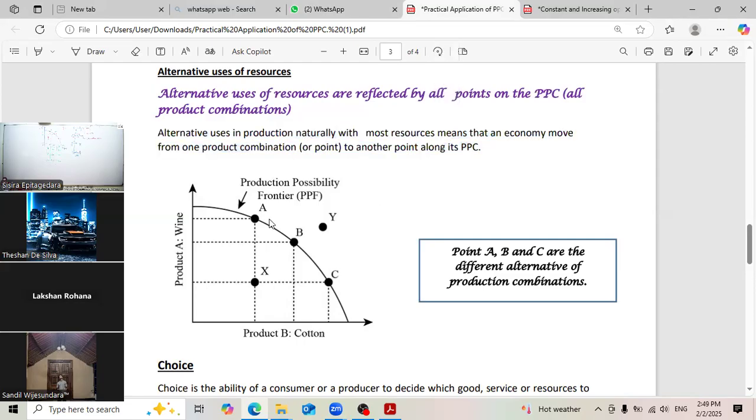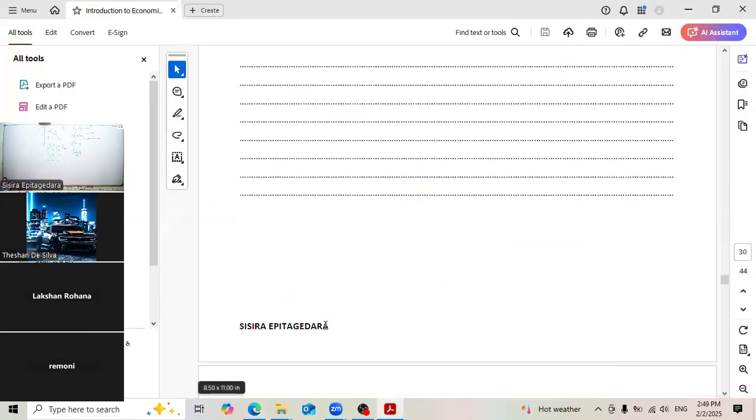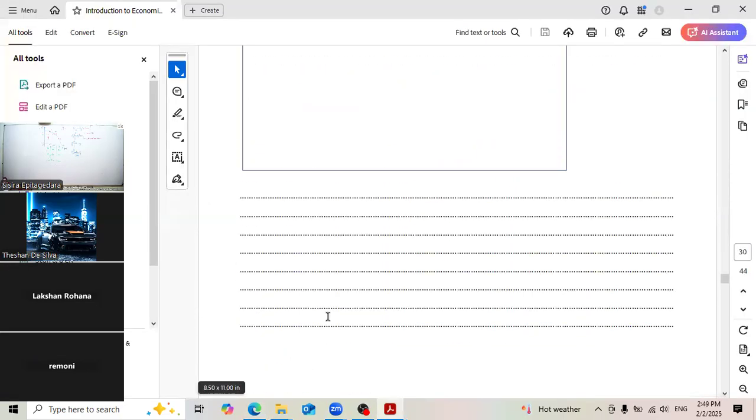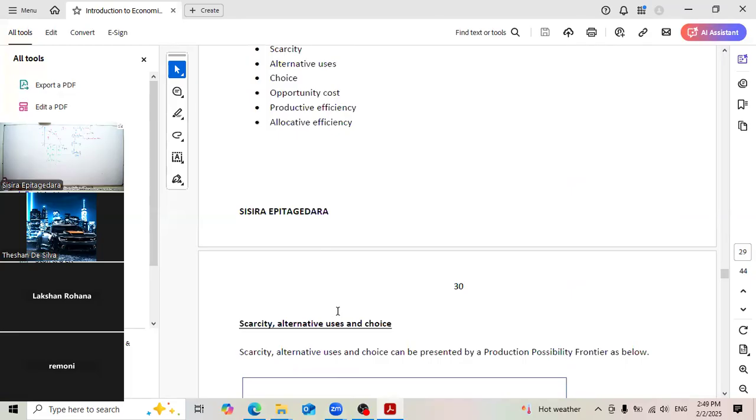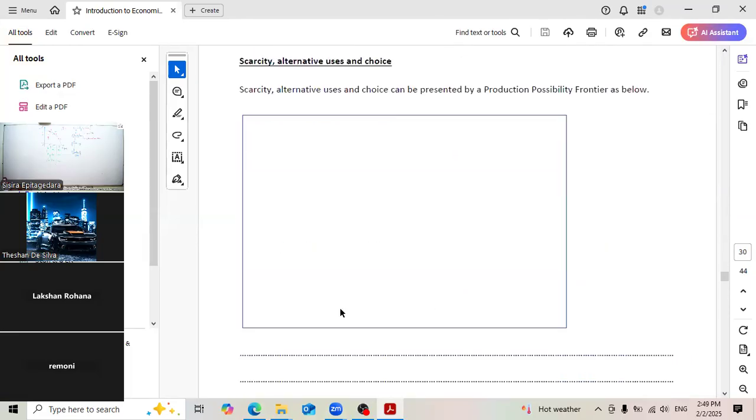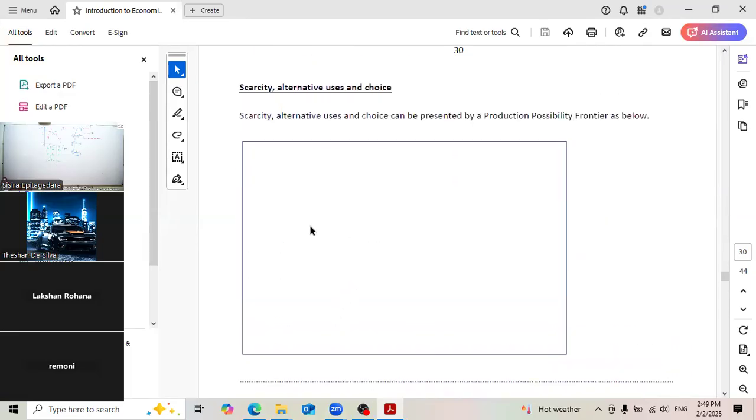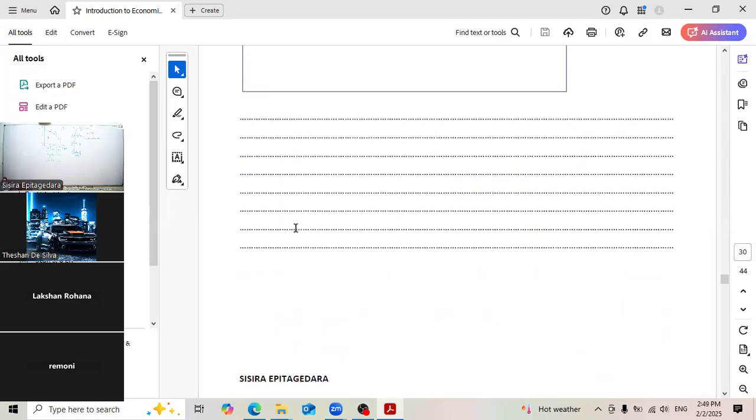It means they have to choose one of them. Is that clear? In the exam, you should show scarcity, alternative uses, and choice on one diagram. It's okay, right?